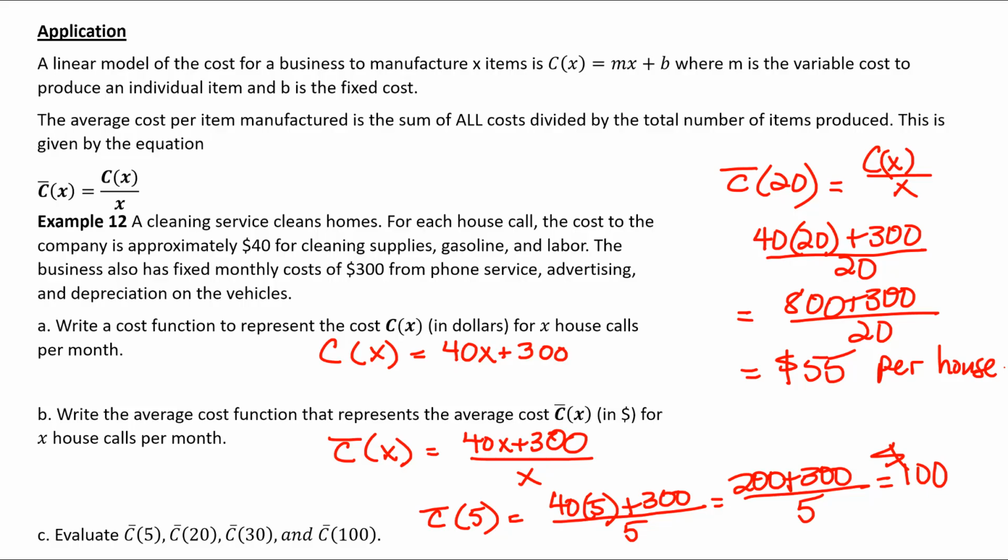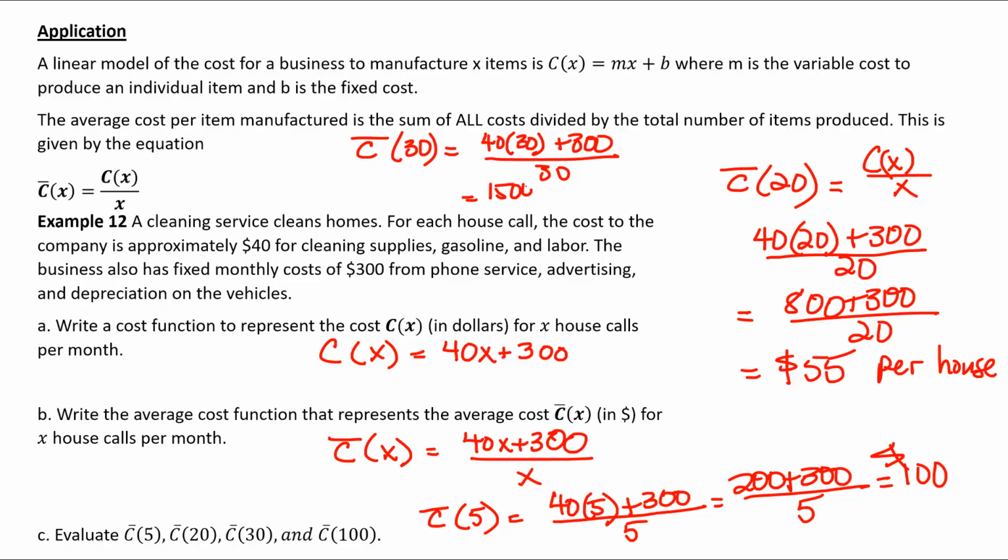Okay, if you get up to C bar of 30, and I'm out of room here, so I'm just going to stick it up here somewhere. So if you clean 30 houses in a month, you're going to have 40 times 30 plus 300 over 30 this time. So that's going to be 1,200 plus 300.